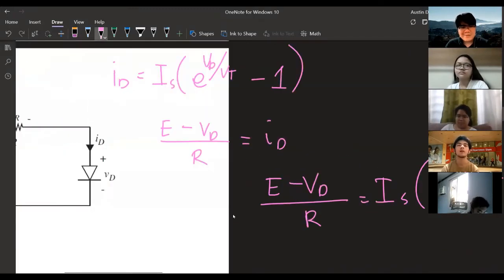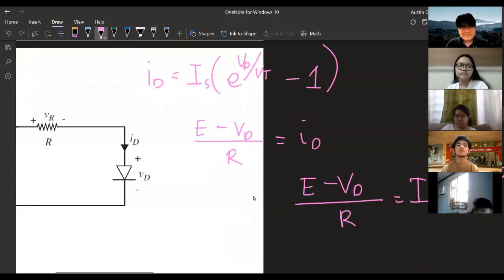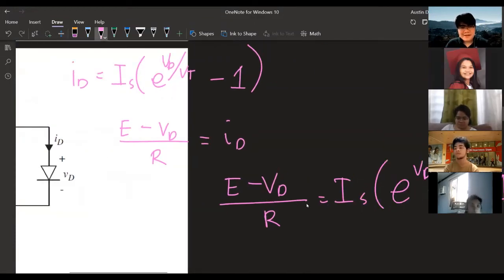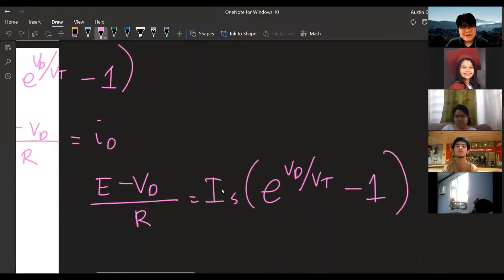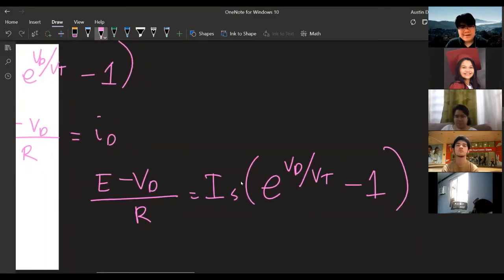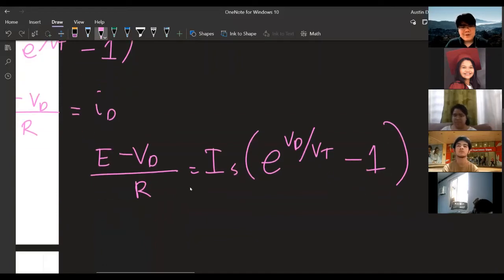Pero hindi naman tayo laging may dalang computer. So, not every time analytic solution. Hindi siya useful every time na gagamitin mo siya. Okay? So, you must have another way of solving things.